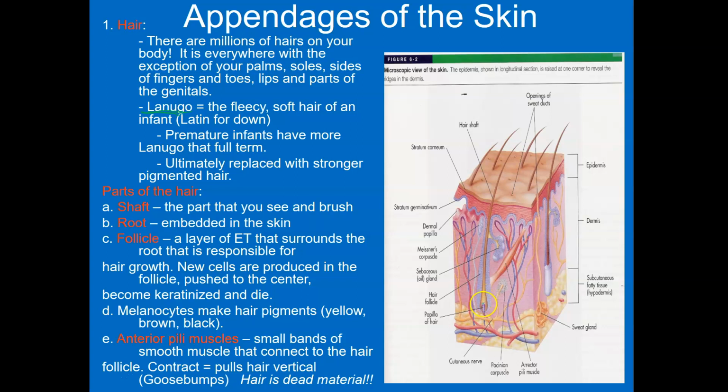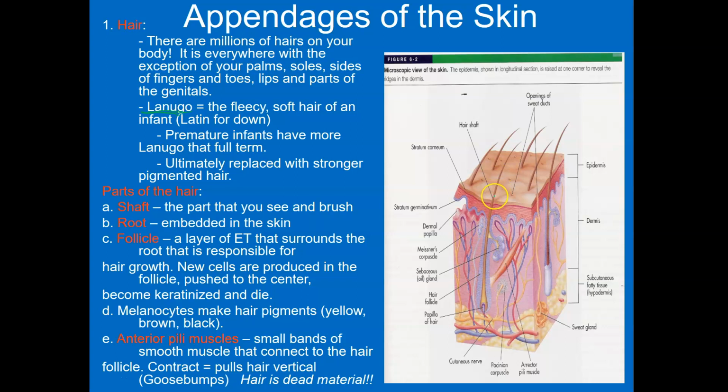All right. The follicle itself, this whole hair follicle, has epithelial cells, which are these purple cells, surrounding the root, making new parts of the actual hair shaft. The new cells are produced in the follicle and pushed upwards, which is how the hair grows. As those cells become keratinized, they die.